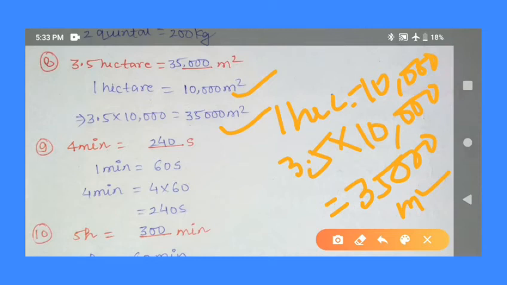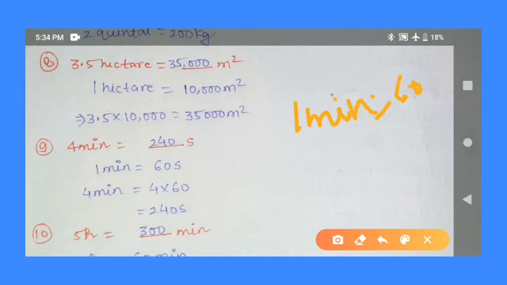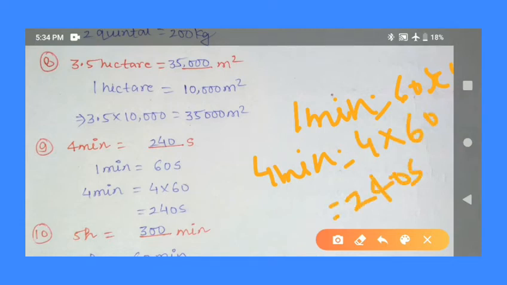Next, 4 minute is equal to dash second. 1 minute is equal to 60 second. So 4 minute is equal to 4 into 60. You will get 240 second.